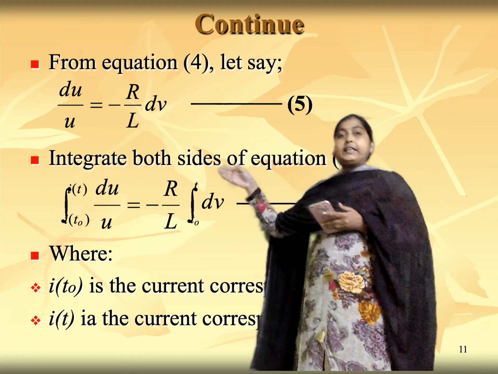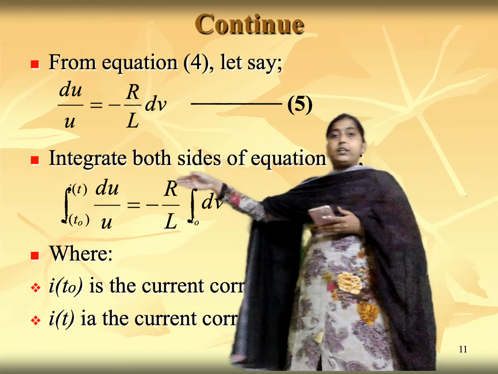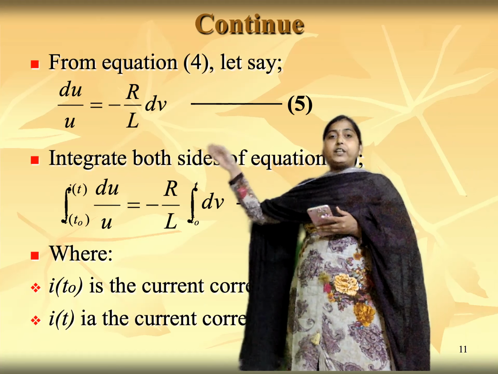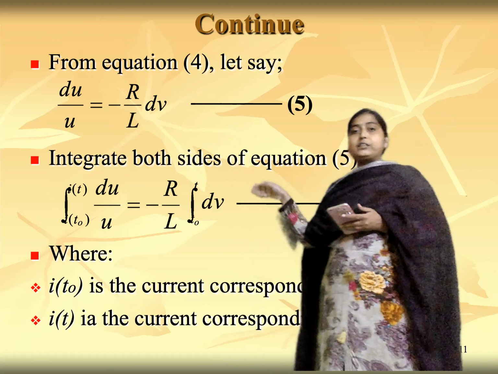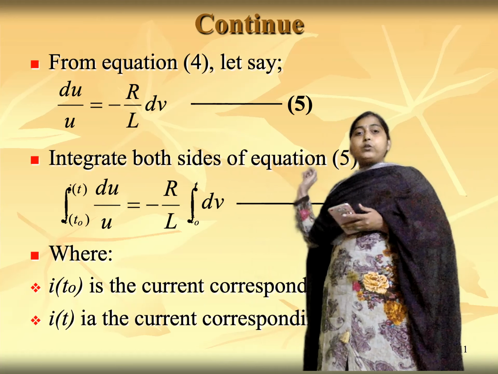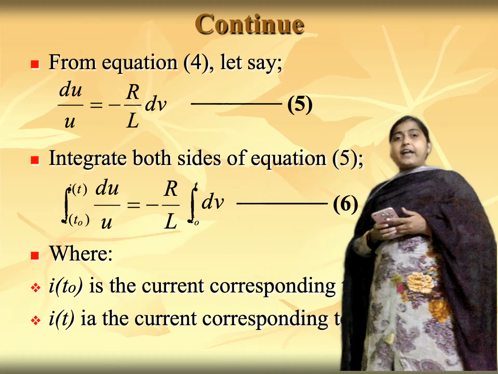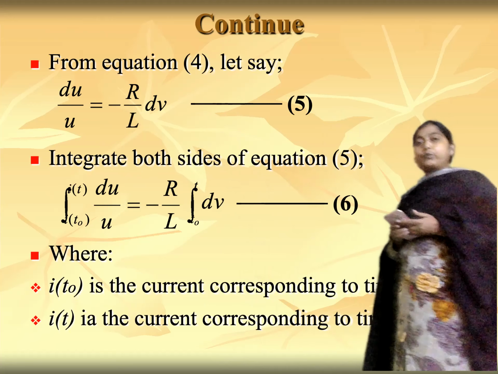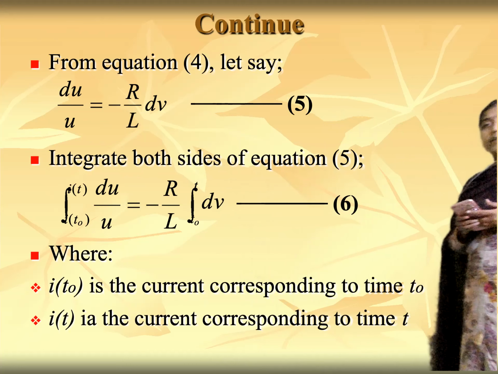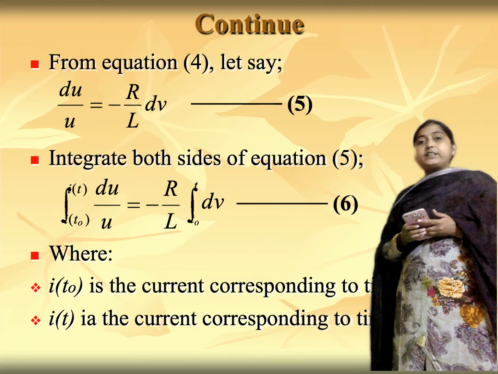So integrating both sides of the equation, the integration from I of t naught to I of t of du by v is equal to minus R by L times the integration from 0 to I of dv. Here I of t naught is the current corresponding to the time t equal to t naught, and I of t is the current corresponding to the time t.